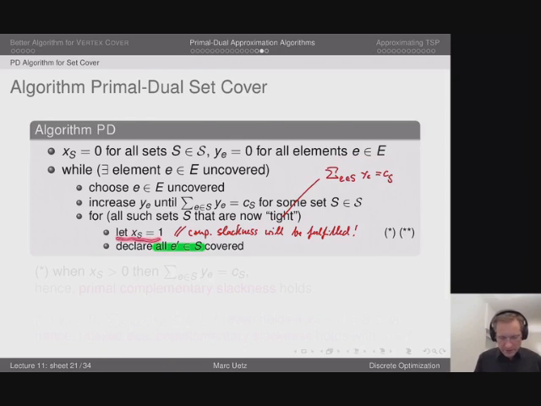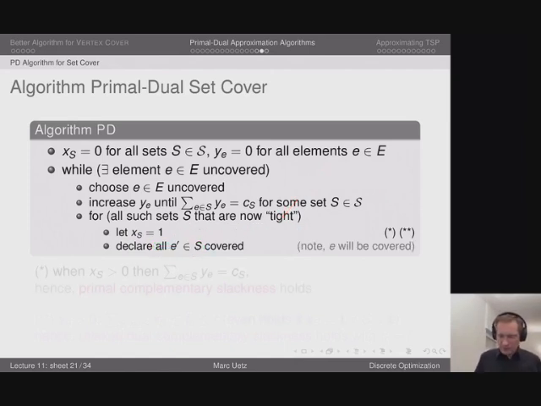And of course, once I have selected the sets that became tight, all the elements contained in these sets will be declared covered, so they no longer have to be covered. Note in particular that in this step, this element E will definitely be covered because at least one set S that contains element E will become tight in this step, right?